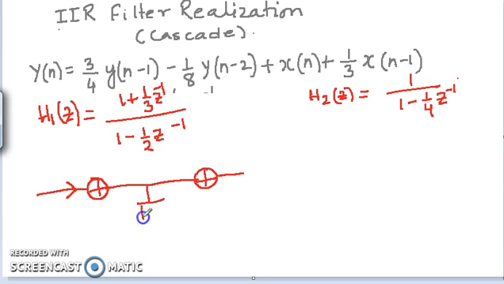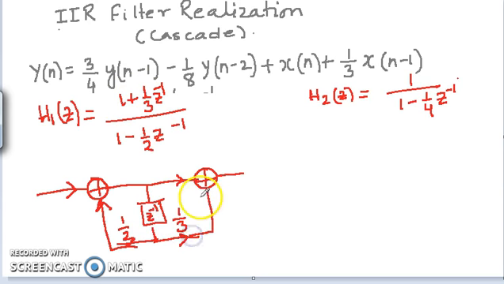The delay element will be in the midway, and the coefficient 1/2 will be reversed in sign, so it will be +1/2, and it will be added to this adder. And for the zeros, nothing changes; the coefficient appears in the same way as it appears in the expression. So this will be the direct form 2 realization of H1(z).